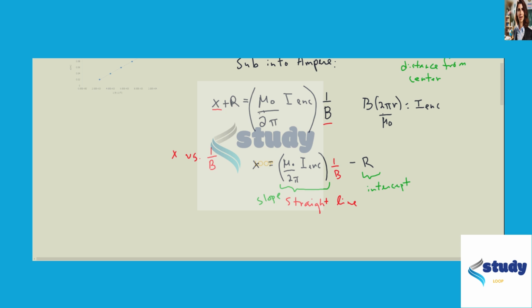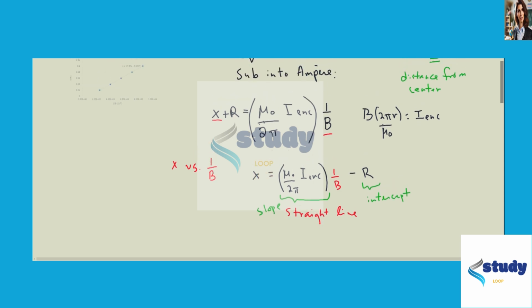So let's go ahead and plot the data. Again, I'm making sure that my x is in meters and my magnetic field is in Tesla. And indeed, if I make that line, it is a very straight line.